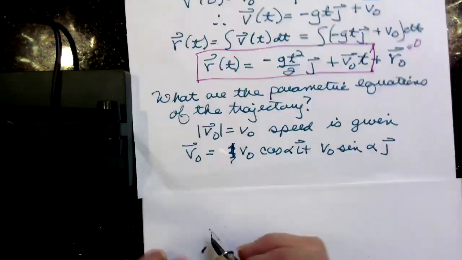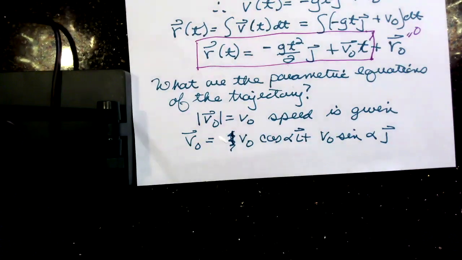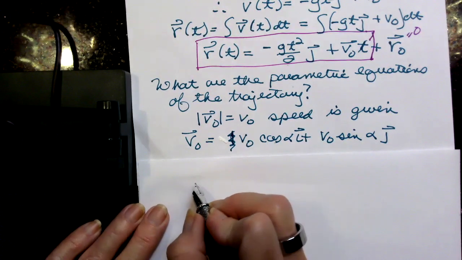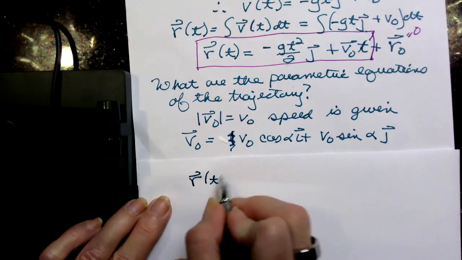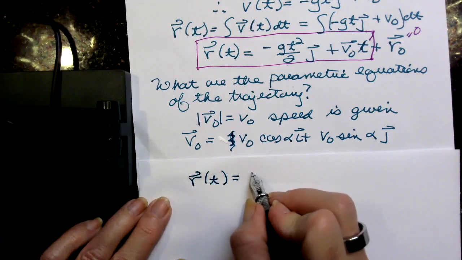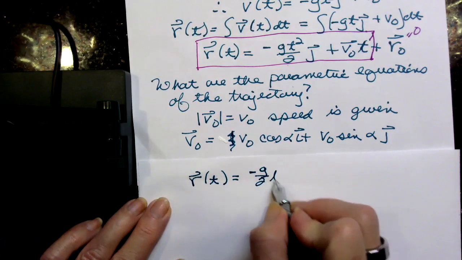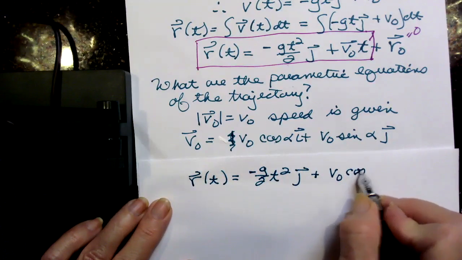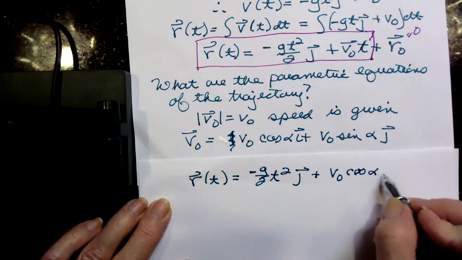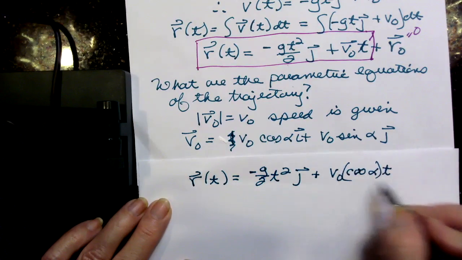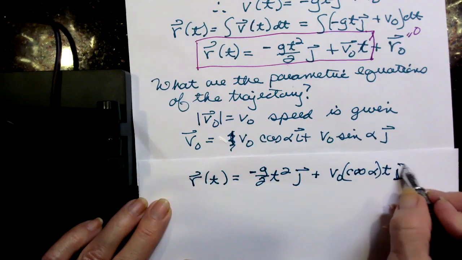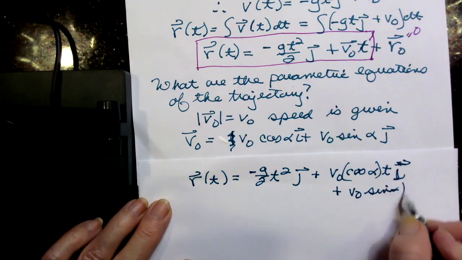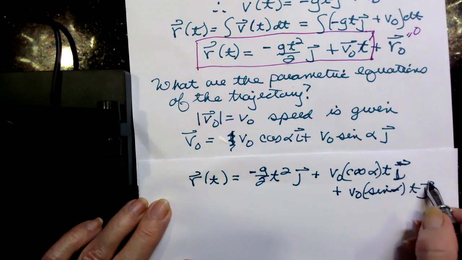Okay, so what we have so far is, and I apologize, this paper is pretty bled through from the pen. We now have r of t equal to minus g over 2 t squared times j, plus v0 cosine alpha t times i, plus v0 sine alpha t times j.